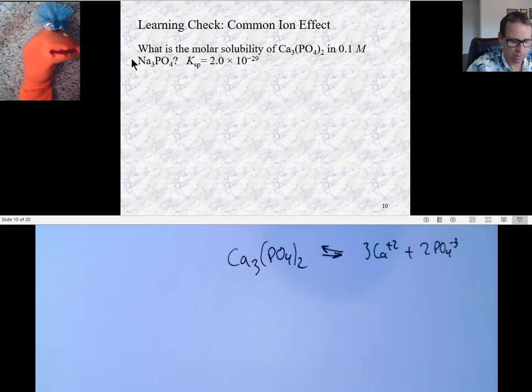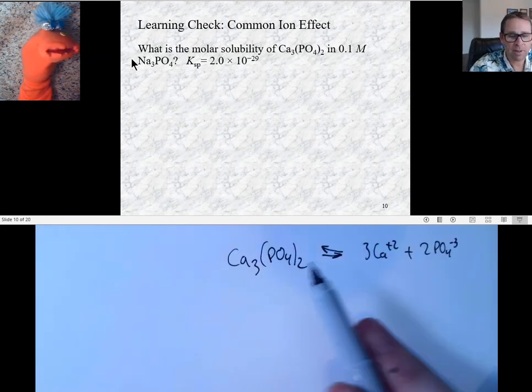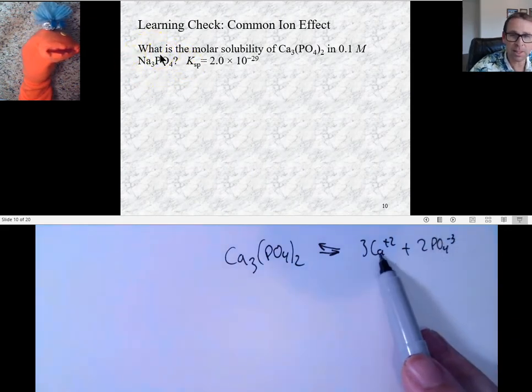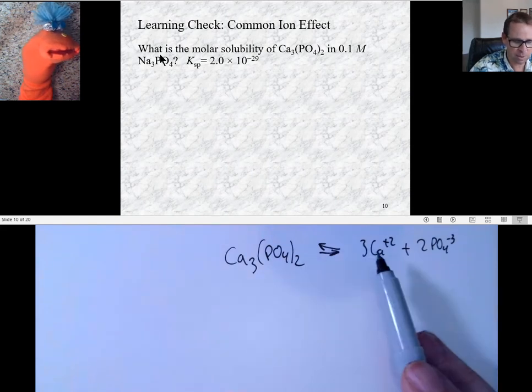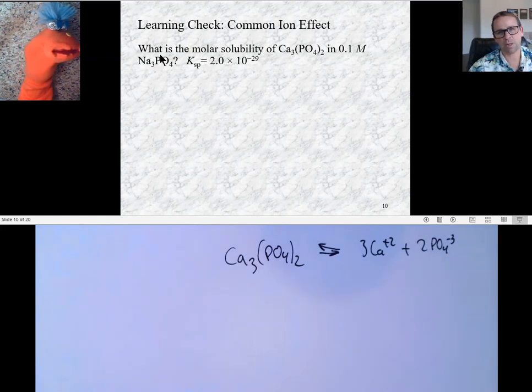However, once these are separate, they come back. And if I start with some phosphate ion already in solution, then more of this is going to be around. It'll be easier for that calcium that dissociated from this calcium phosphate to be snatched up by other phosphate around.